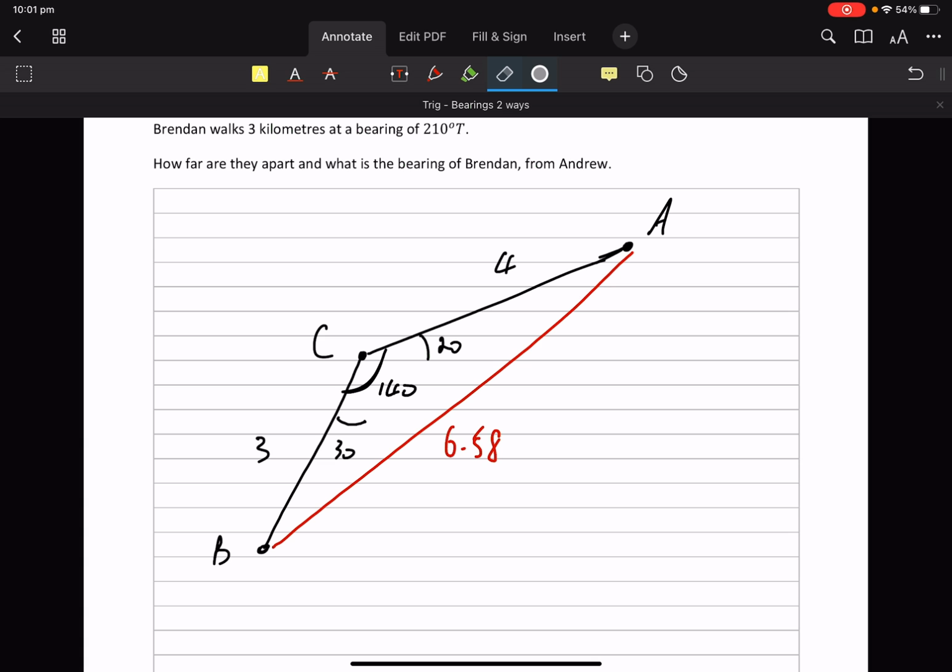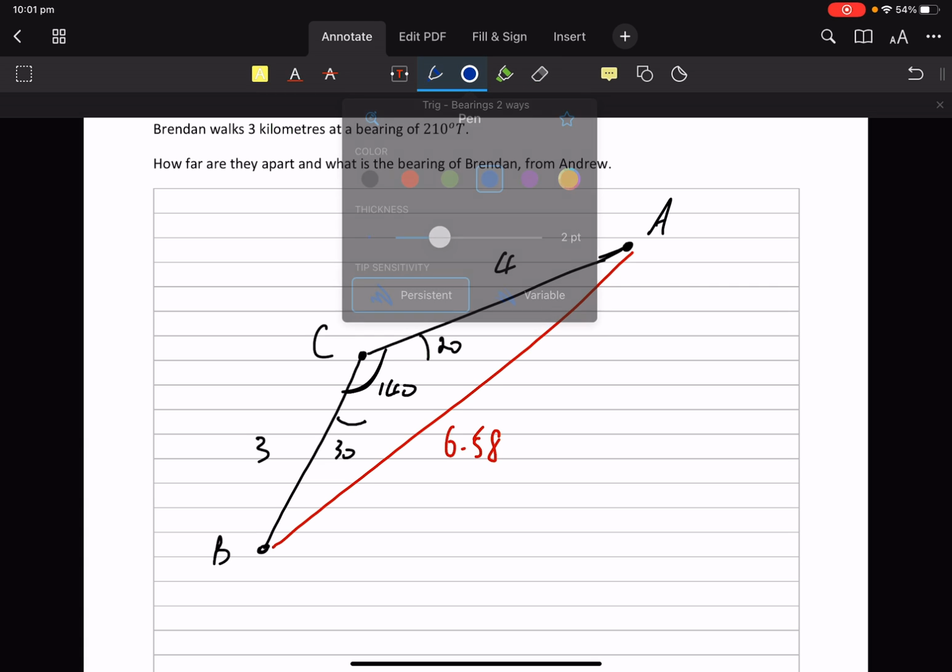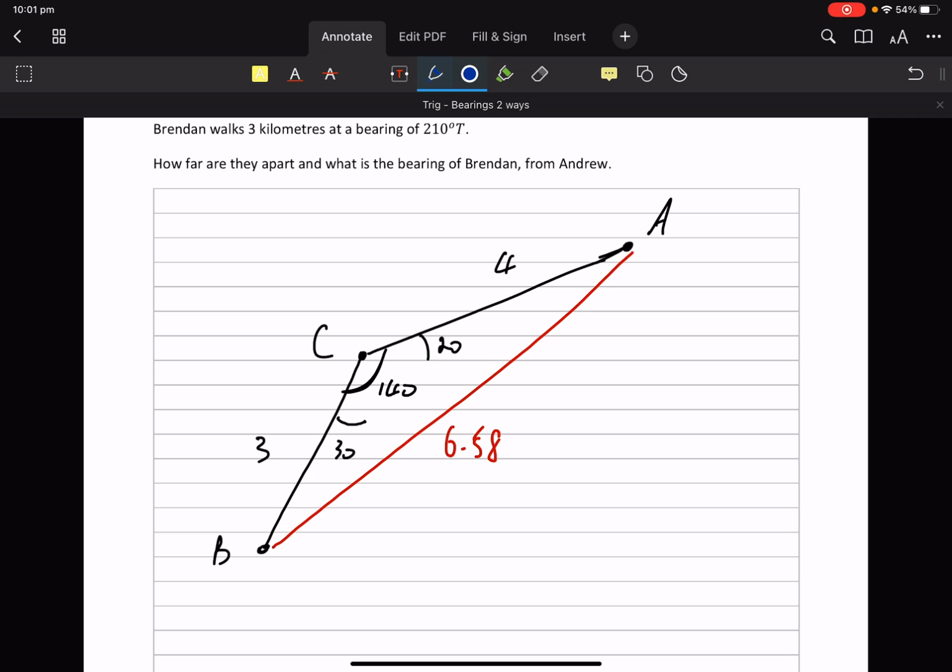Okay. Let's go blue. The bearing of Brendan from Andrew is that. That's our bearing.